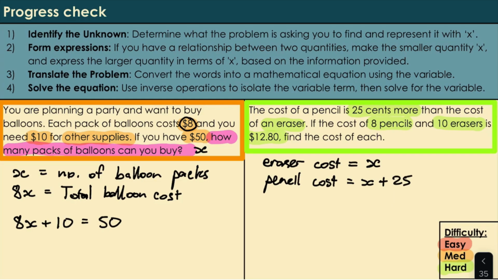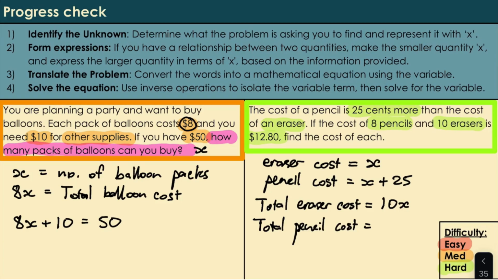To work out the total amount of money we spend on each, we have the following. Total eraser cost is equal to the cost of an eraser multiplied by 10 erasers. So we have 10 erasers multiplied by the price of each, and we have total pencil cost equal to the total pencils, 8, multiplied by the price of the pencils, x plus 25.